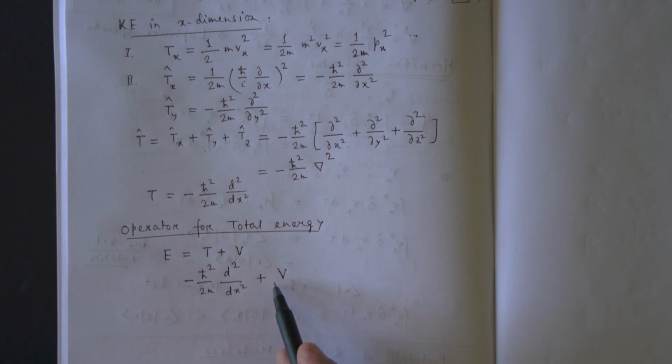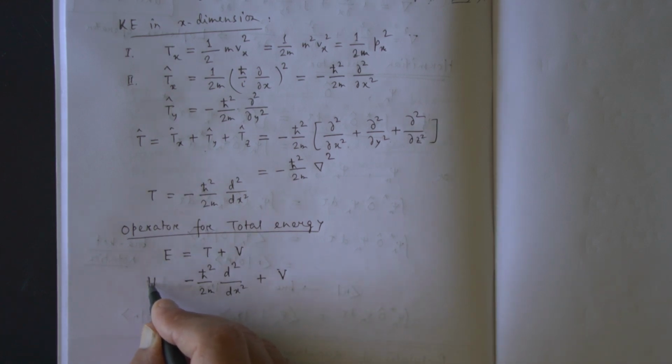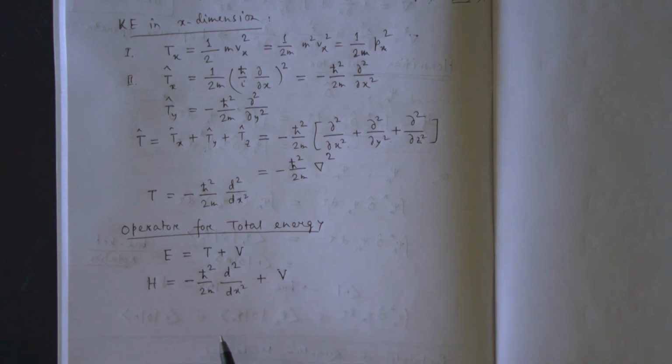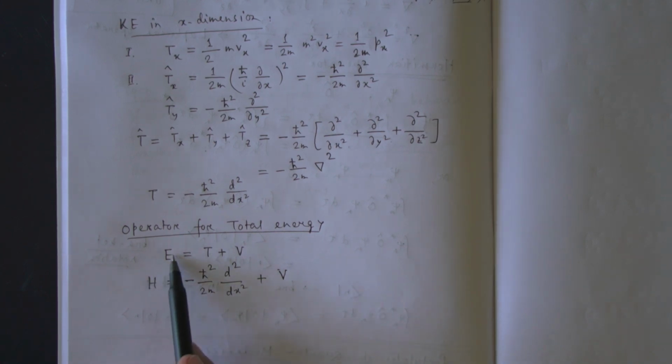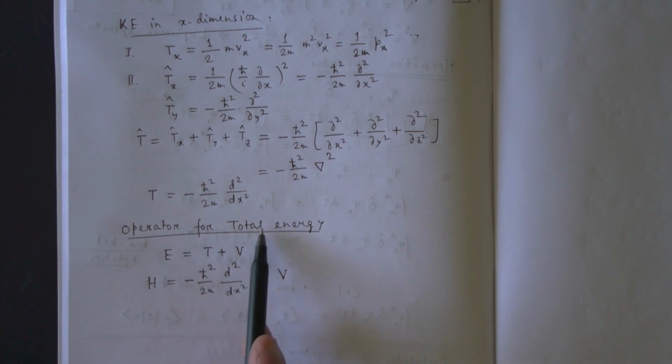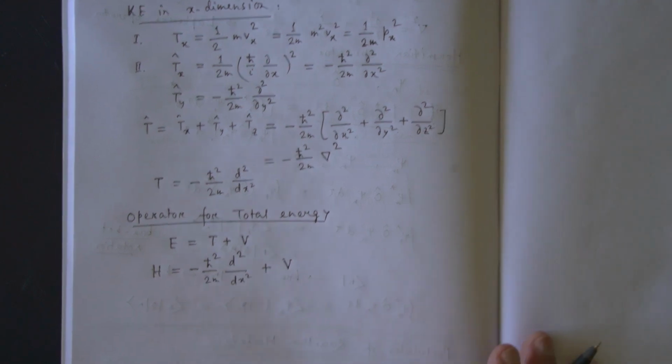The operator for total energy is called the Hamiltonian operator, H. So the Hamiltonian operator is equal to this in the x dimension.